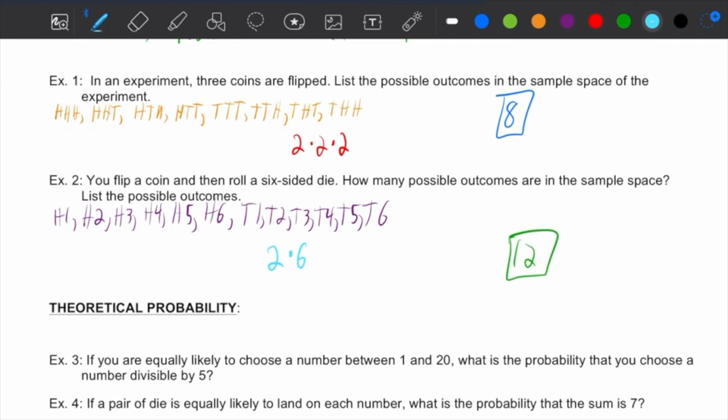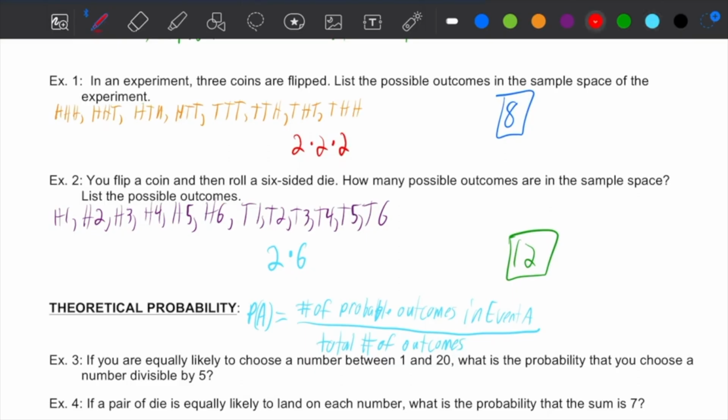Now let's talk about theoretical probability. Theoretical probability, we're going to say it's P of A, probability of event A occurring. It'll be defined as the number of probable outcomes in event A, such as flipping a coin or rolling a die, divided by the total number of outcomes.